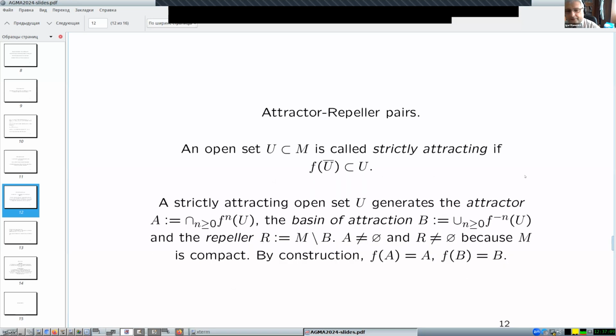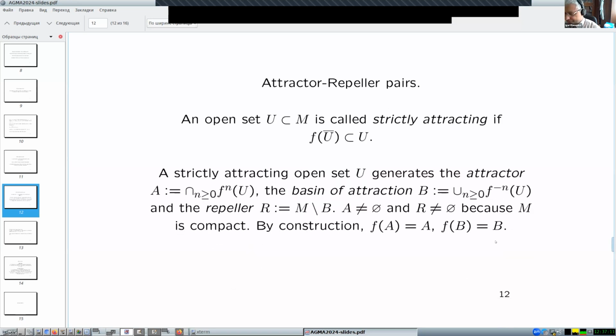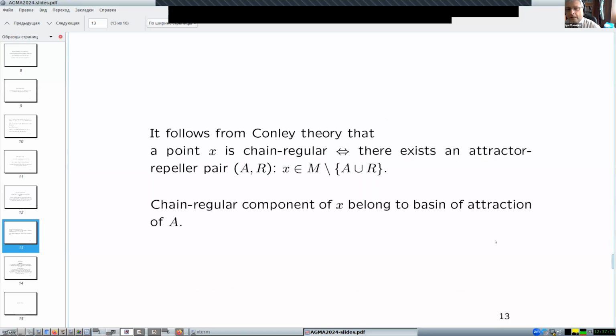And in Conley theory, we can split chain regular points using attractor-repeller pairs. And as a consequence, our chain regular components also belong to the inside of the basin of attraction of some attractor-repeller pair.